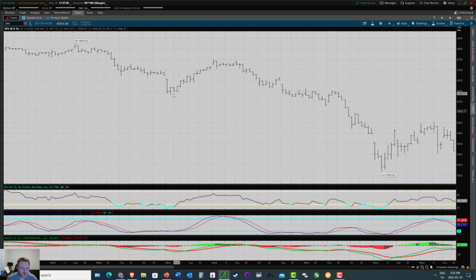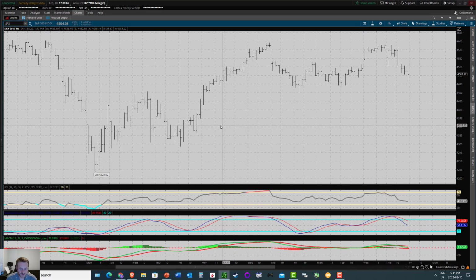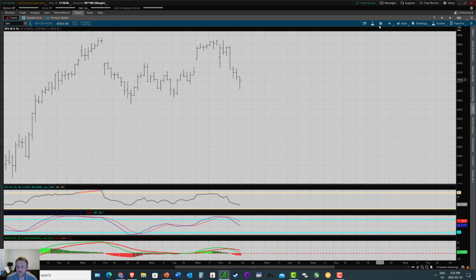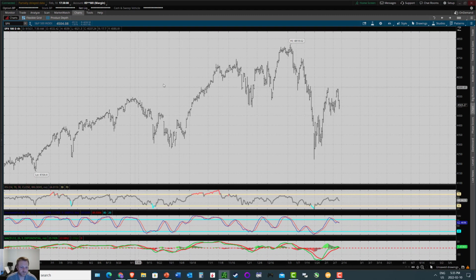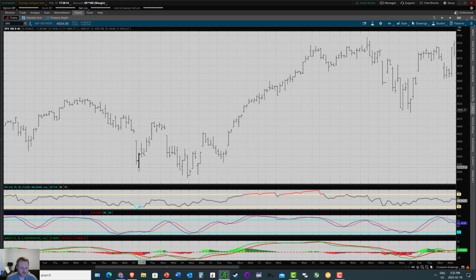Going back here. Okay. I don't know if I can find a real clear example of an RSI bullish divergence. Maybe on the 4-hour, we'll have a look. Here's a decent example of that. Okay, so back here in, what was that, August maybe? Something like that, of 2020.